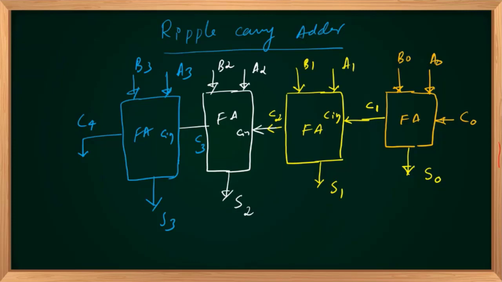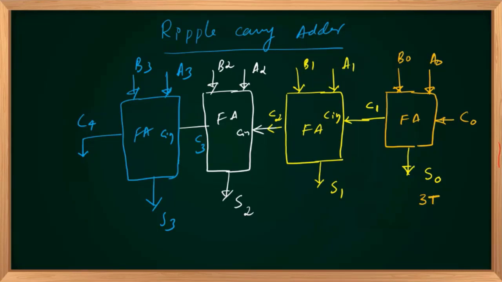The question is: what is the worst case delay to produce a sum output or a carry output? So we said that to produce a sum output, we require three time units, or three gate delays.